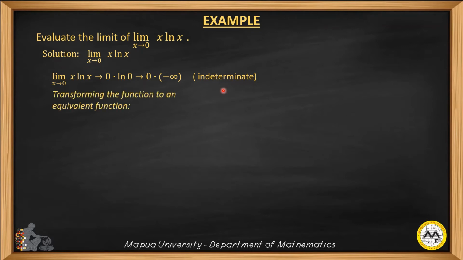So what we need to do now is to transform the product x ln of x into an equivalent fraction, where the limit will be either a 0 over 0 or an infinity over infinity. So what we did was to rewrite x ln of x as ln of x divided by the reciprocal of x.